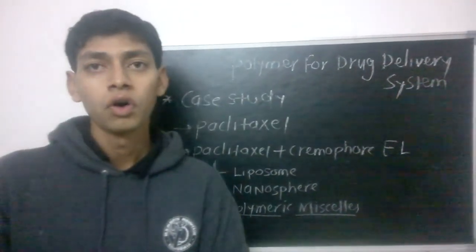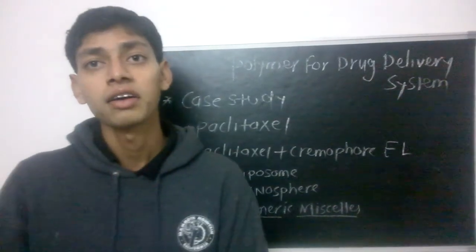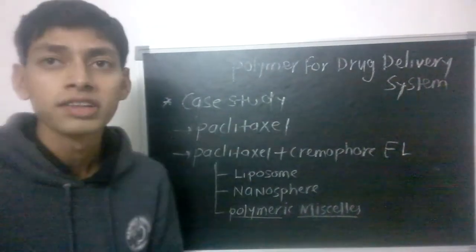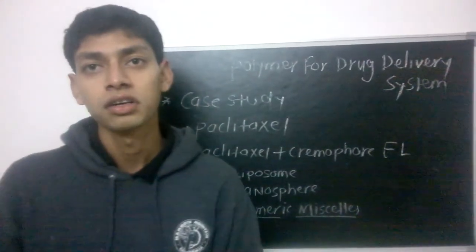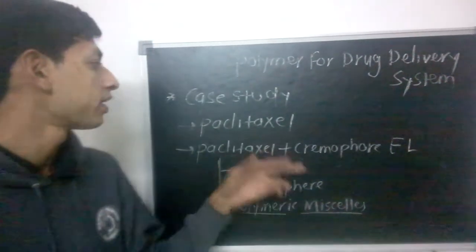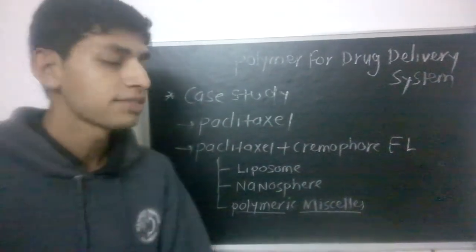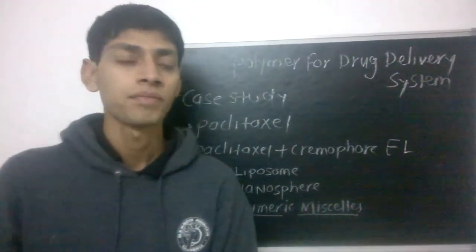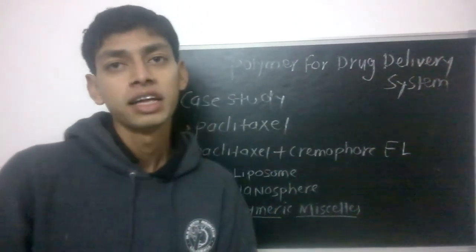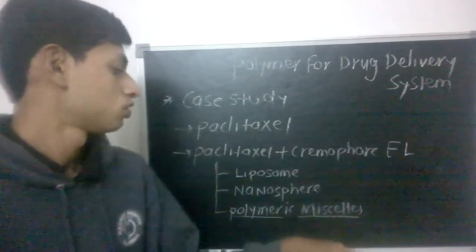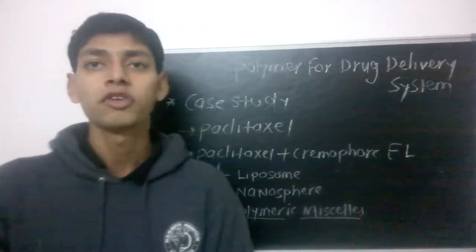After all the study, scientists came to the conclusion that polymeric micelle is the best option to enhance the viability of paclitaxel, because polymeric micelle has higher entrapment efficiency and the drug is released according to a pH dependent profile. That's why it is a more successful formulation in case of paclitaxel.